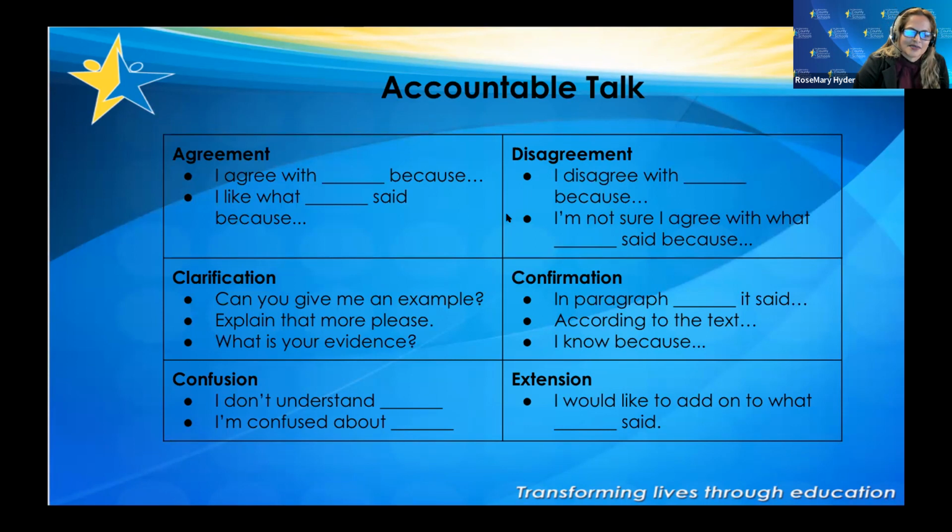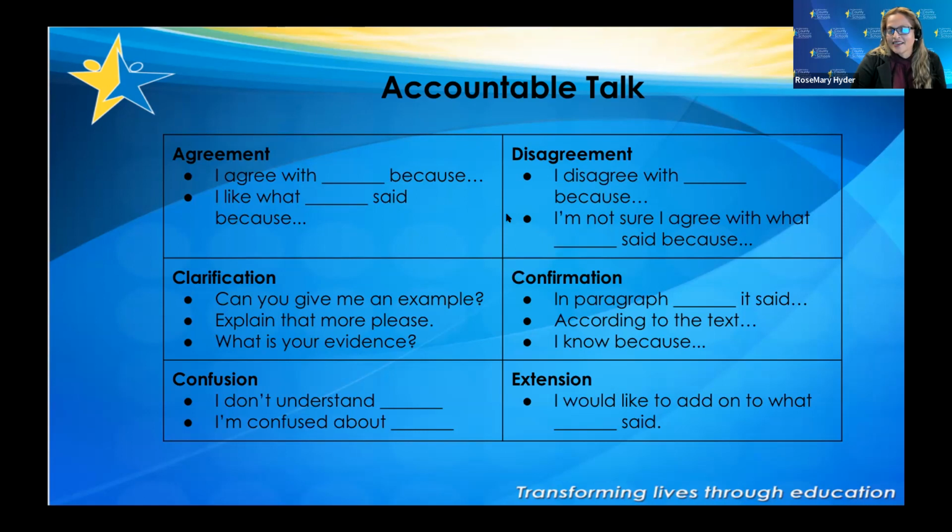A clarification: can you give me an example? This is also teaching them how to respond to the teacher. Confirmation, confusion. It's okay to be confused, because it may be cultural that they're not comfortable saying they don't understand, because they feel they're going to be judged.